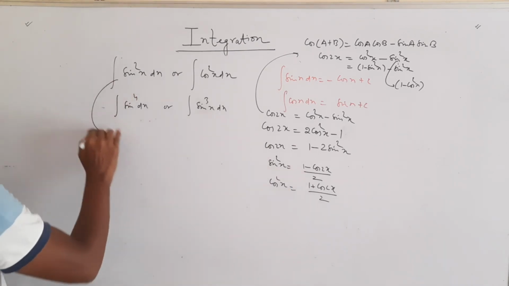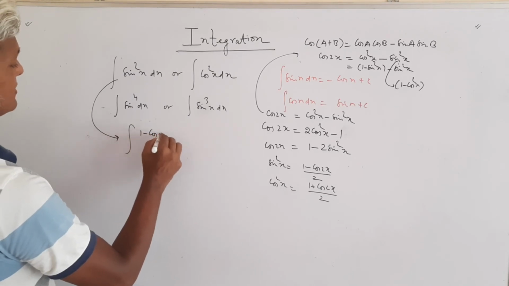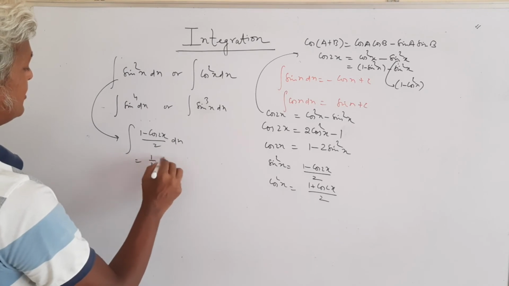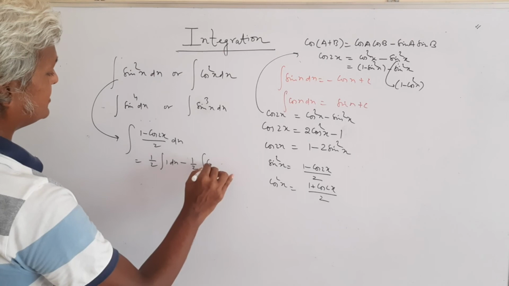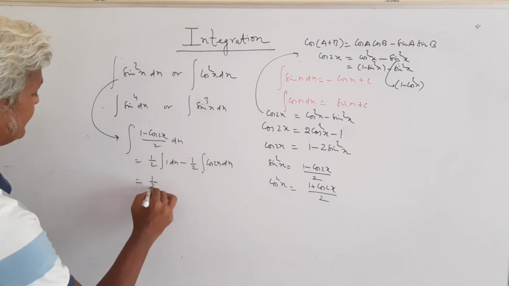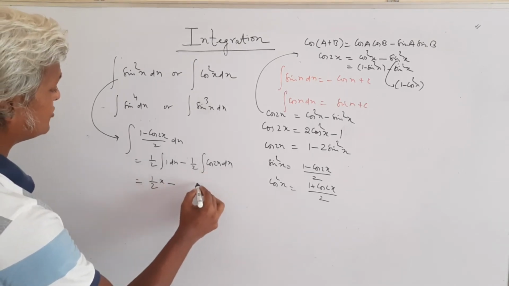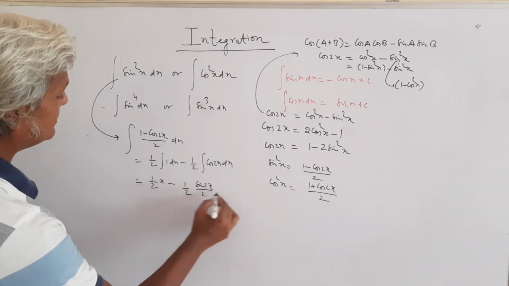So I go for this form: 1 minus cos 2x over 2 dx, that is the integration of half times 1 dx minus half times the integration of cos 2x dx. That is half of x minus the integration of cos 2x, which is sine 2x over 2, and half, plus c.